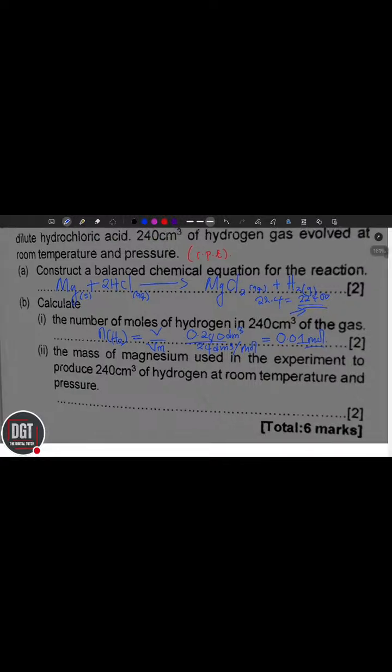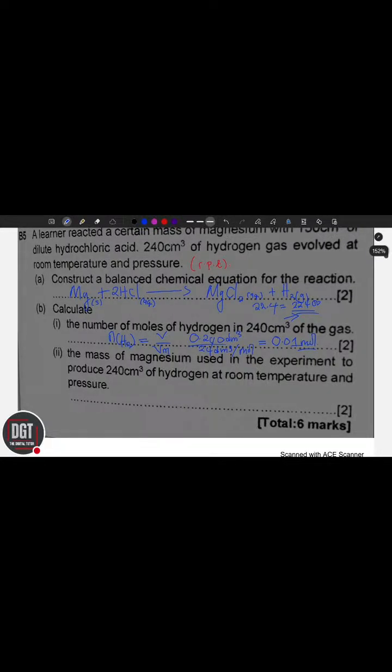Now, what are we going to do for this one? We are going to form the ratio of magnesium to what? To hydrogen gas. And the numbers in front are just 1. So we are going to use mole to mole, where we first have the number of moles of hydrogen, which is 0.01 mole, and find the number of moles of magnesium.